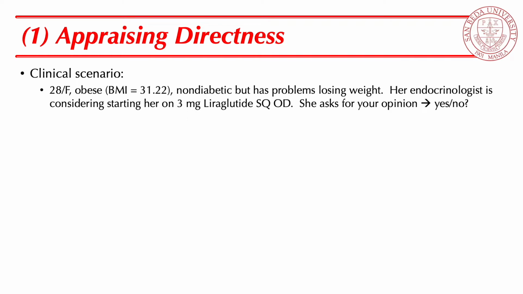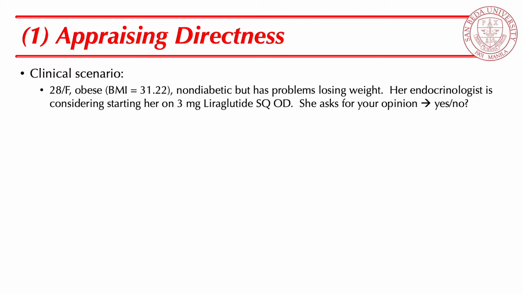Her endocrinologist is considering putting her on subcutaneous liraglutide, a GLP-1 receptor antagonist, at a dose of 3 mg once a day. She is very interested in this suggested treatment, but it won't be till next week when she sees her endocrinologist again. Because of that, she asks for your opinion. Would you recommend it or not?